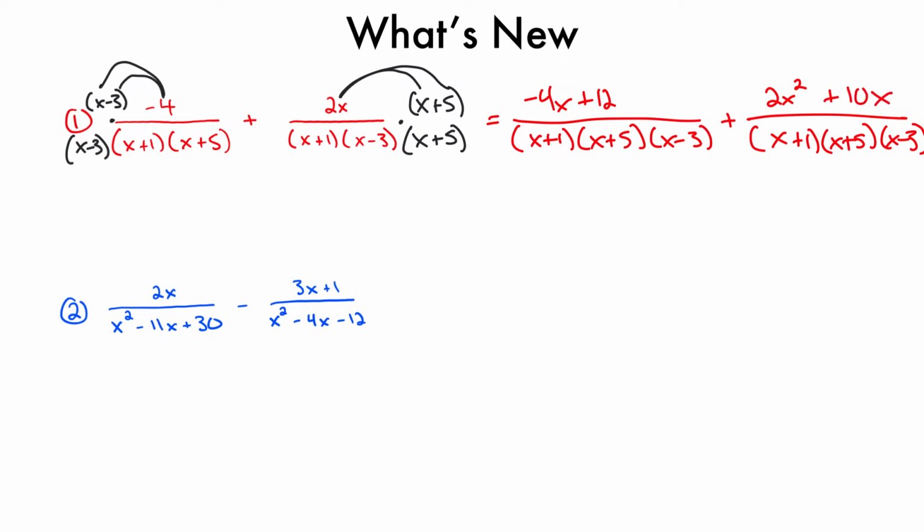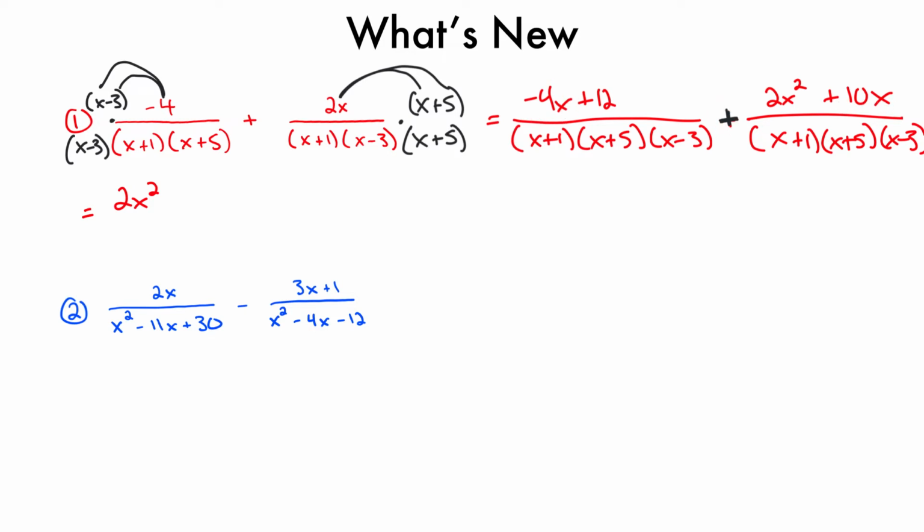We are going to be adding these two things together, which means we're going to take the numerators and find their like terms. We start with the highest power of x, which is 2x squared. There are no other x squareds in the numerators, so we're just going to write 2x squared. We have a negative 4x, and we're adding a 10x.